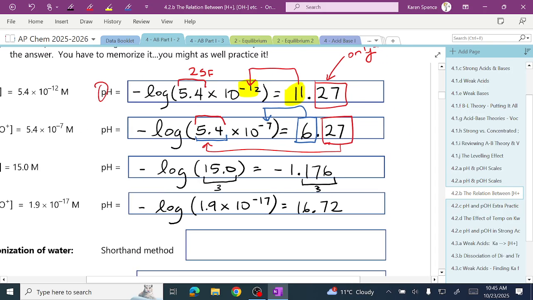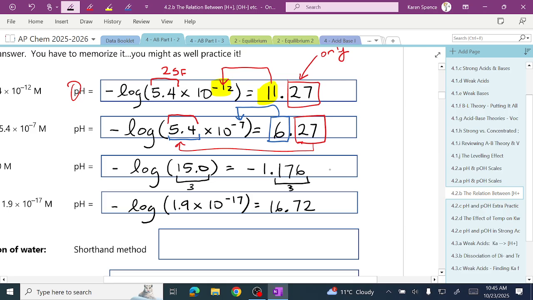Now, I put these ones specifically in here so that you are reminded that pH can be negative, right? And pH can go above 14. Why is that again?